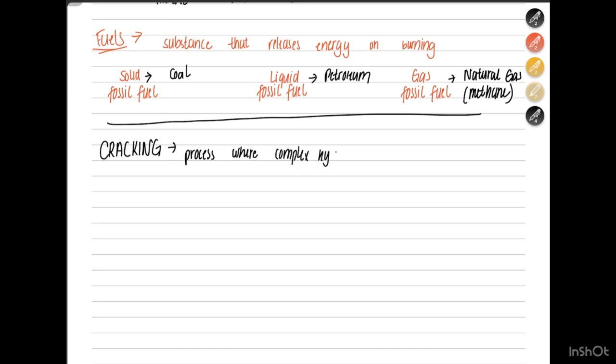Complex hydrocarbons, for example, an alkane or alkene that has a lot of carbons, maybe C20, C30, are broken down into smaller ones, for example methane or ethane, and so on, into simpler hydrocarbons.